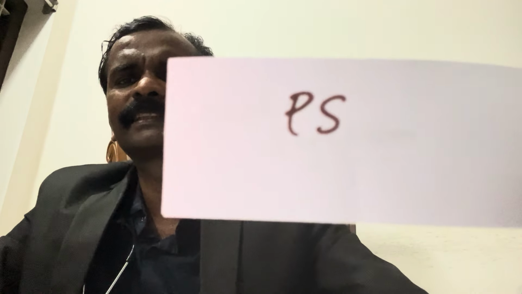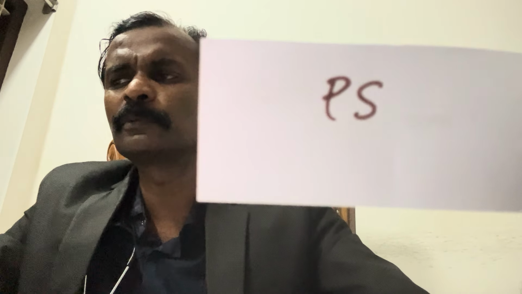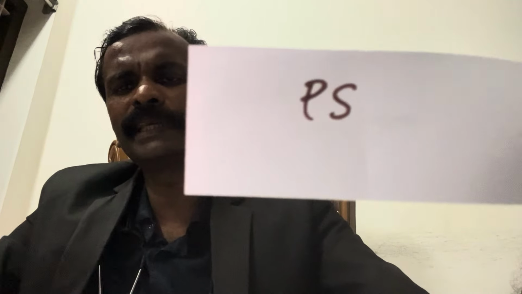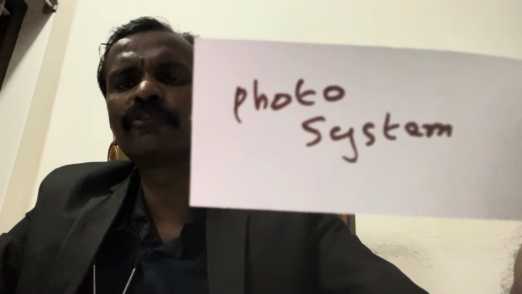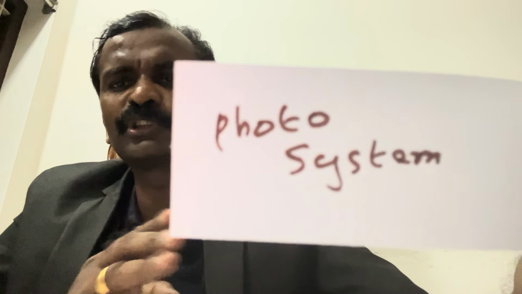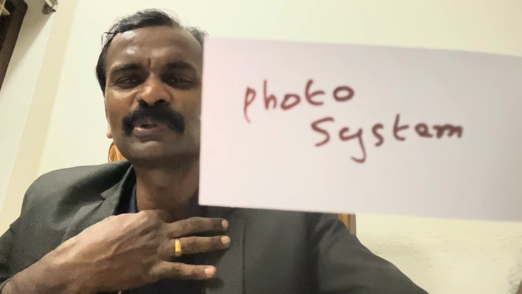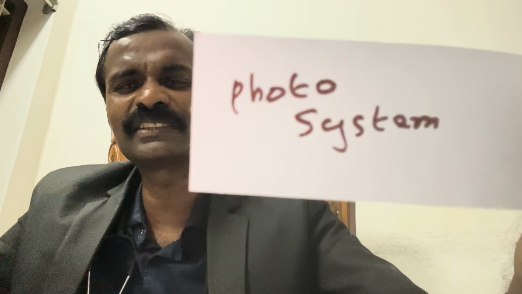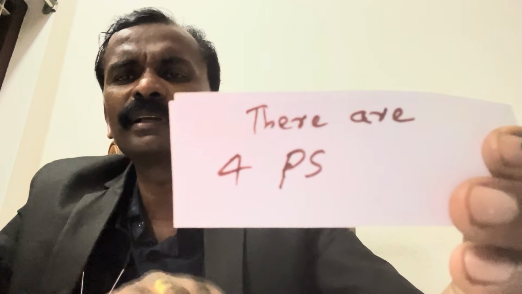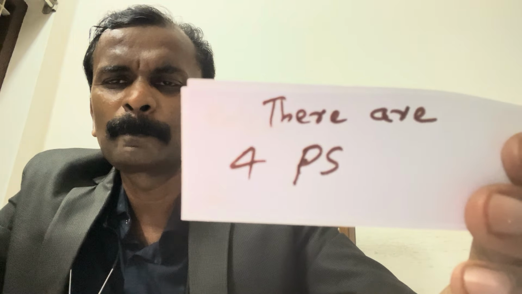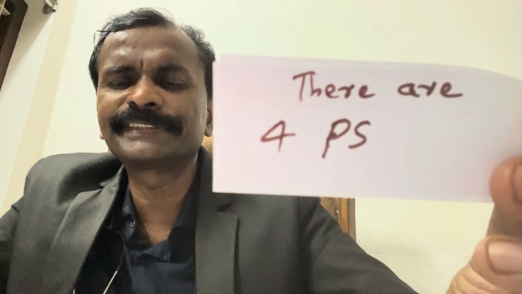Can you expand PS in your textbook? PS. This is called photosystem. This itself is an MCQ. Don't miss any comma in your biology textbook, okay? PS, photosystem. There are 4 types of photosystem. True or false?